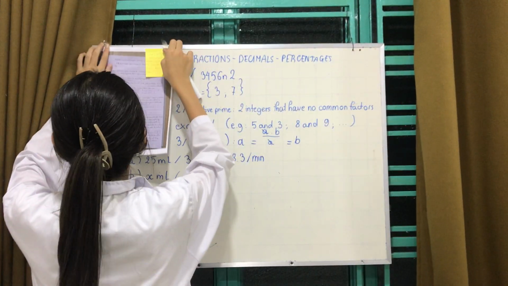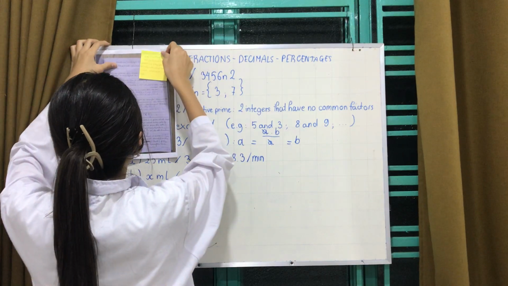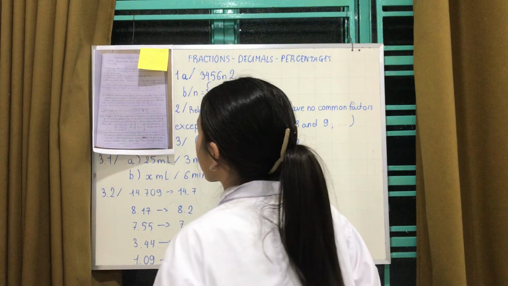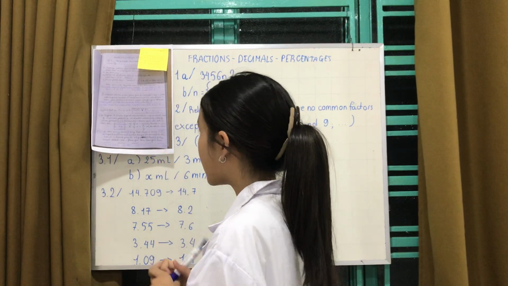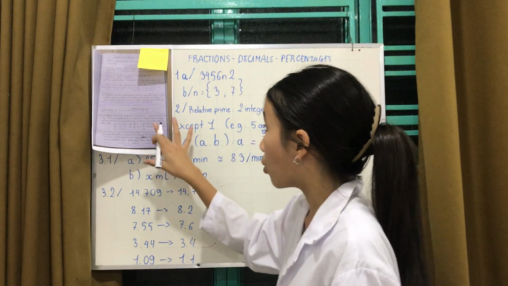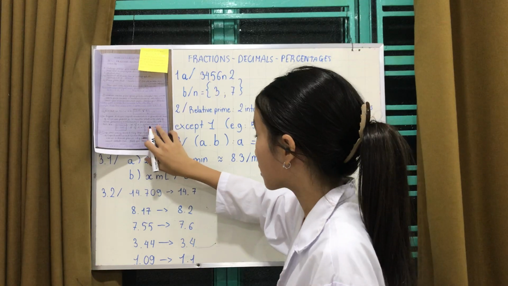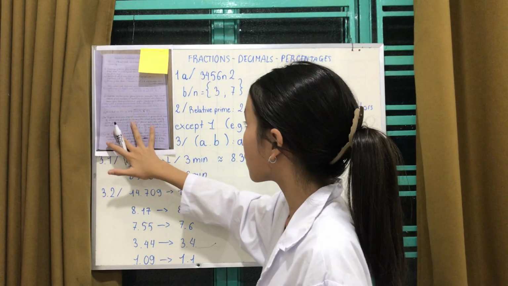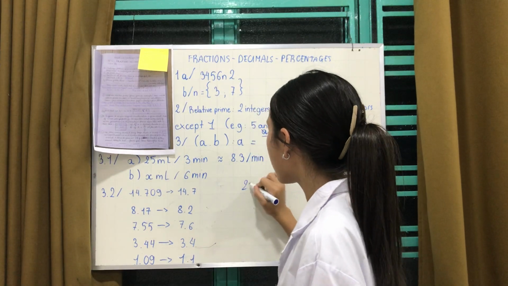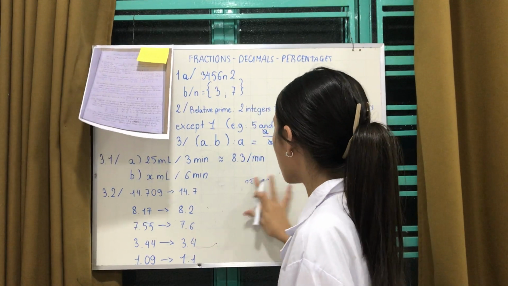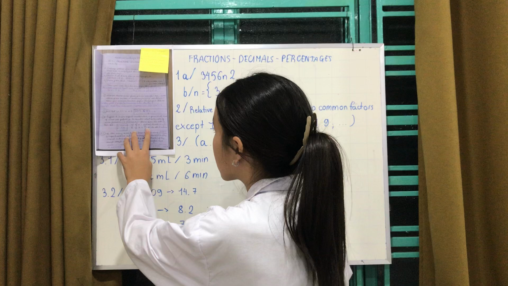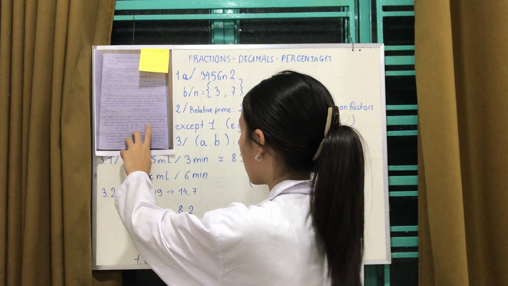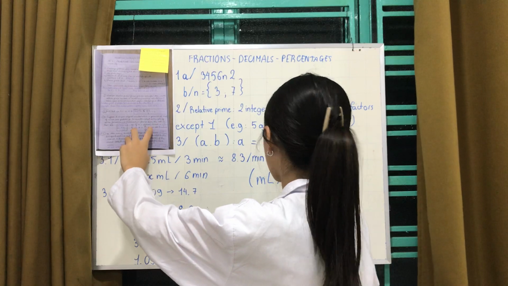Now for problem A. If X equals 250 milliliters, the rate is what? Okay, we have X, and the formula is per minute.